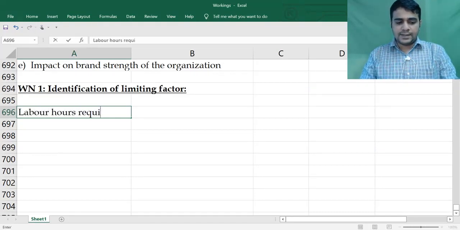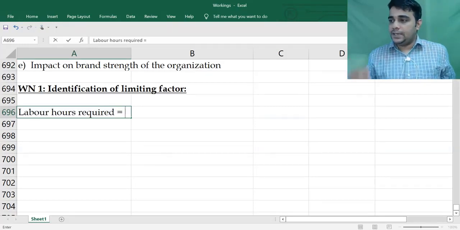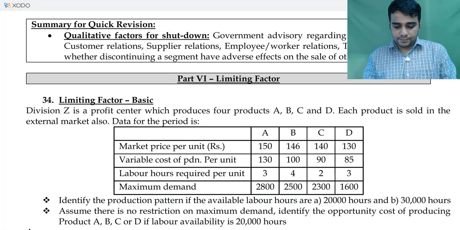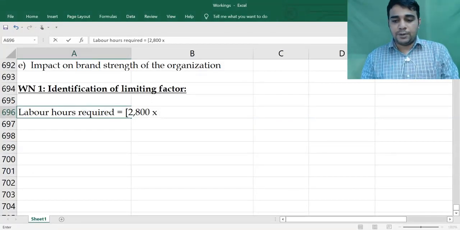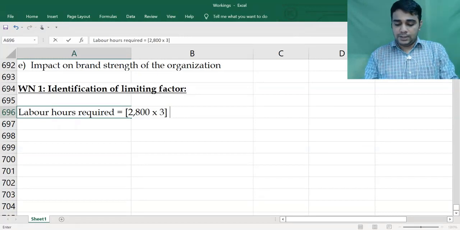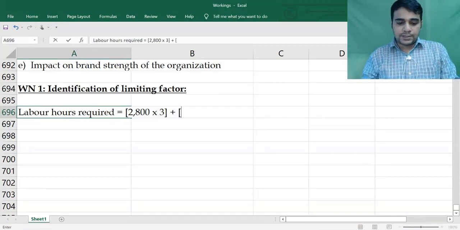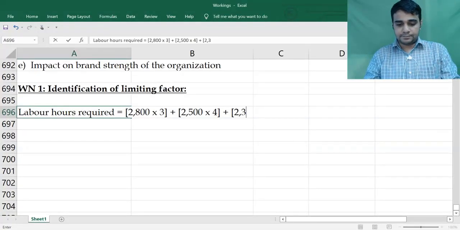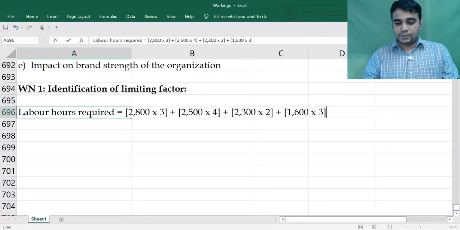Labor hours required is equal to demand for each product into hours per unit. What's the demand for product A? 2,800 units into 3 hours, plus product B, 2,500 into 4, product C, 2,300 into 2, and product D, 1,600 into 3.